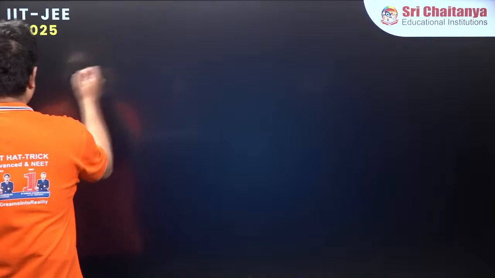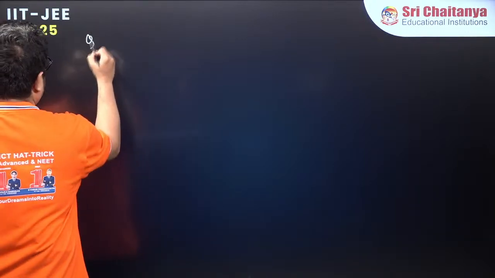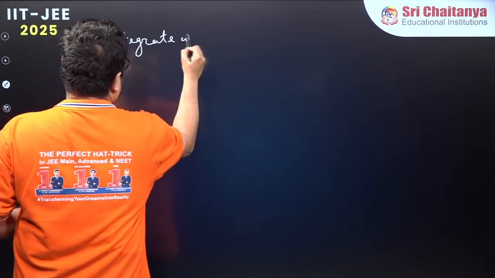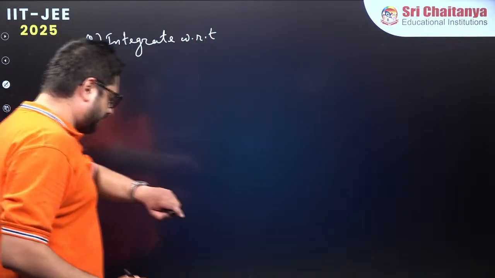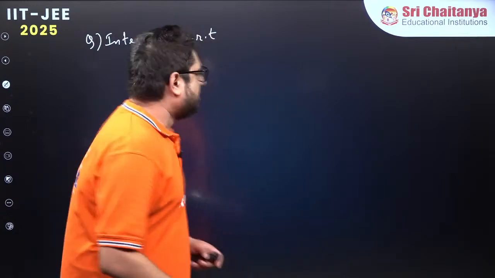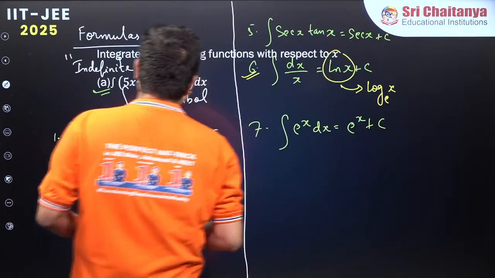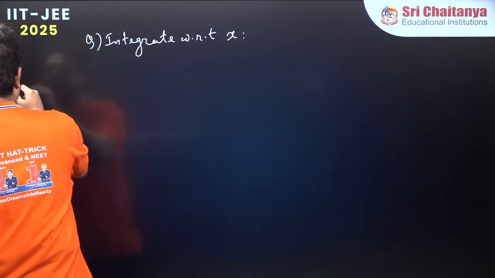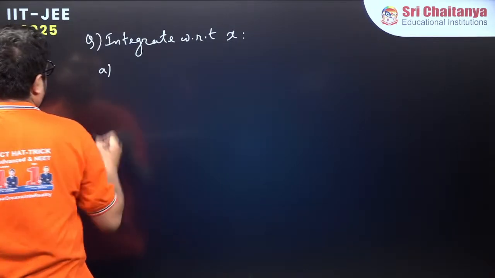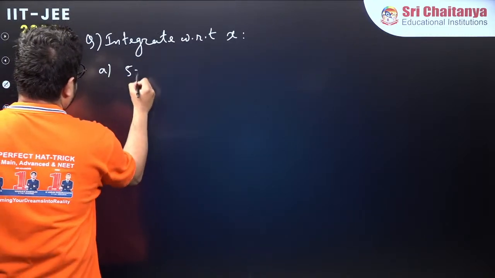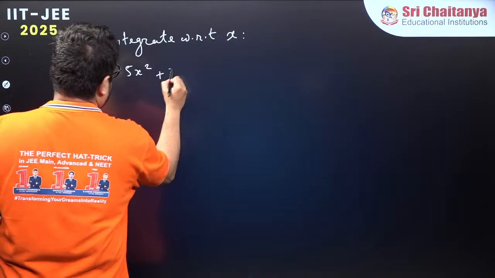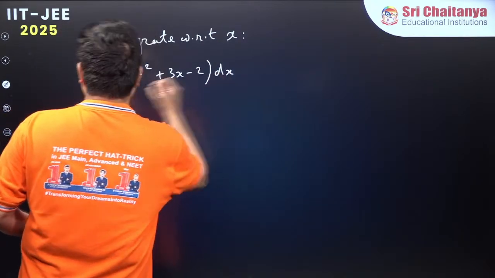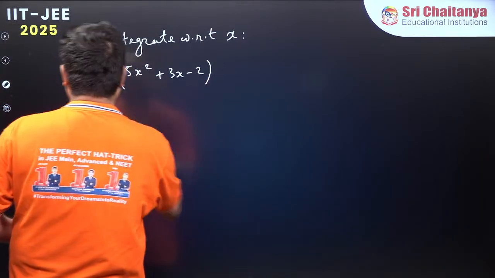Let's say it's being given as: integrate with respect to x, WRT being the short form of with respect to, the function 5x square plus 3x minus 2 dx. This is the function in front of us.